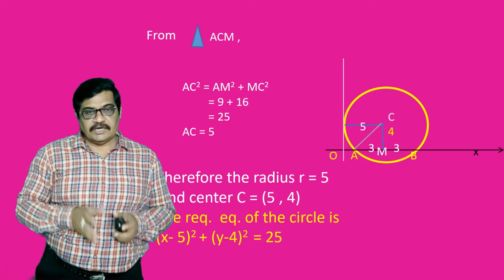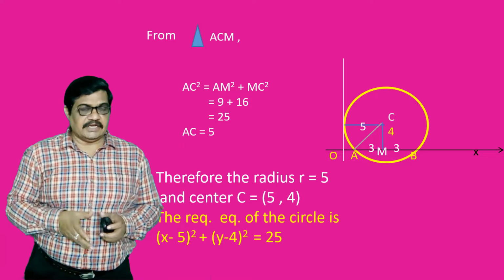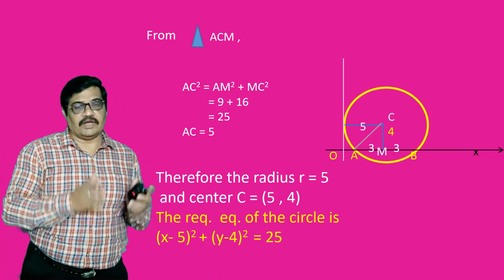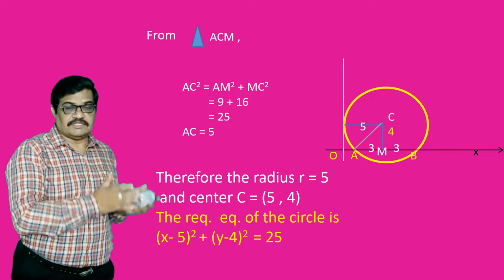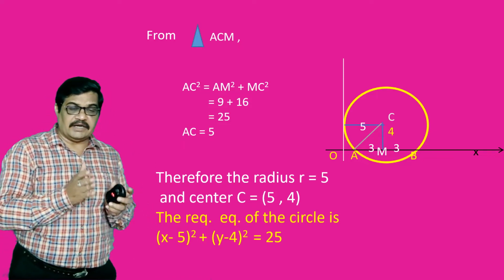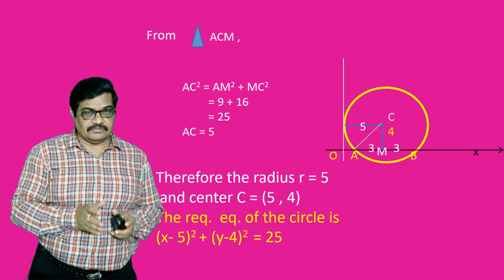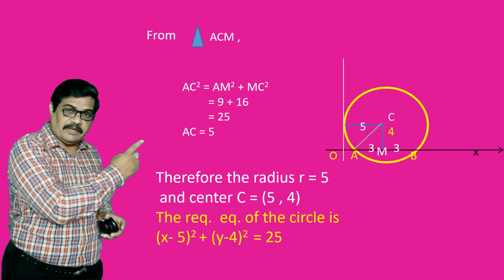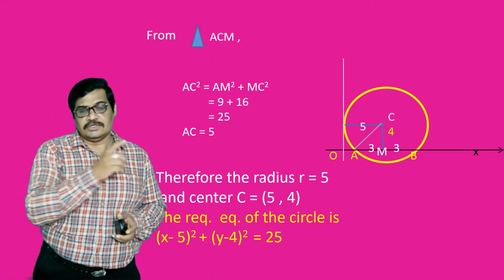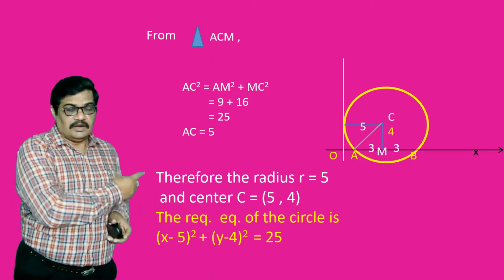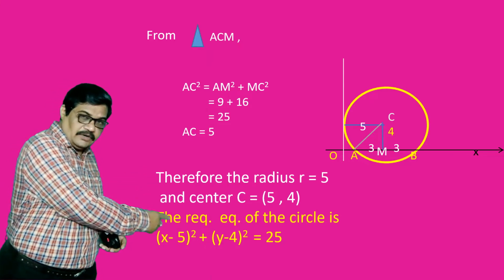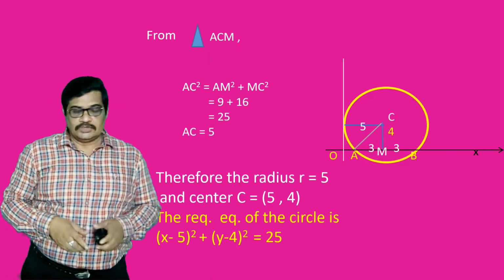Okay. From that we get the center as (5, 4) and the radius as 5. Then we get the circle equation with center (5, 4) and radius 5. The circle equation is (x minus x1) whole square plus (y minus y1) whole square is equal to r square. From that formula we get (x minus 5) whole square plus (y minus 4) whole square is equal to 25.